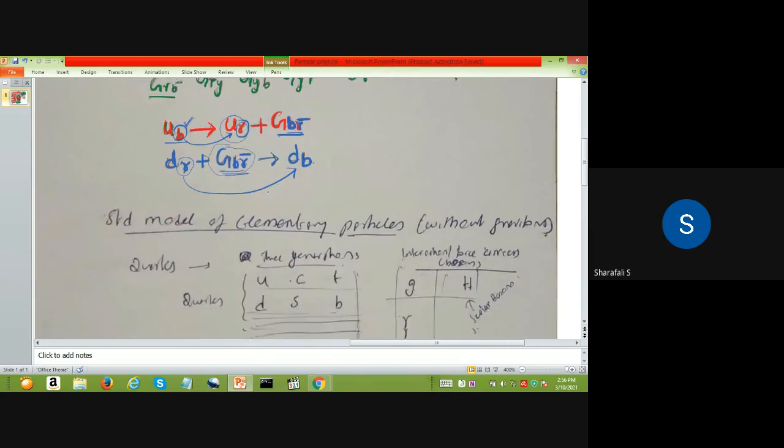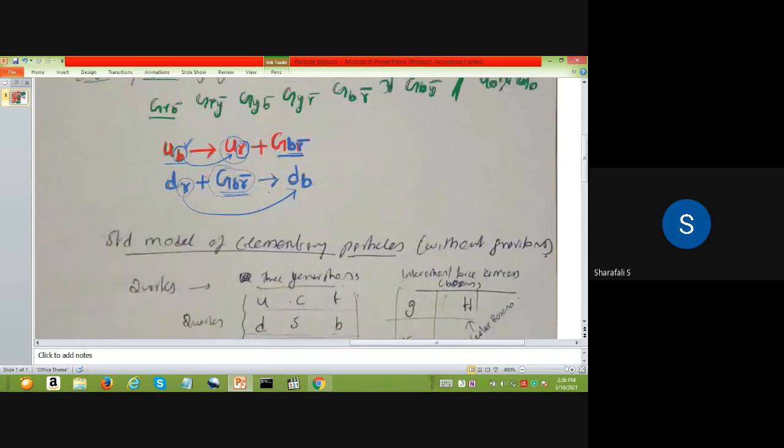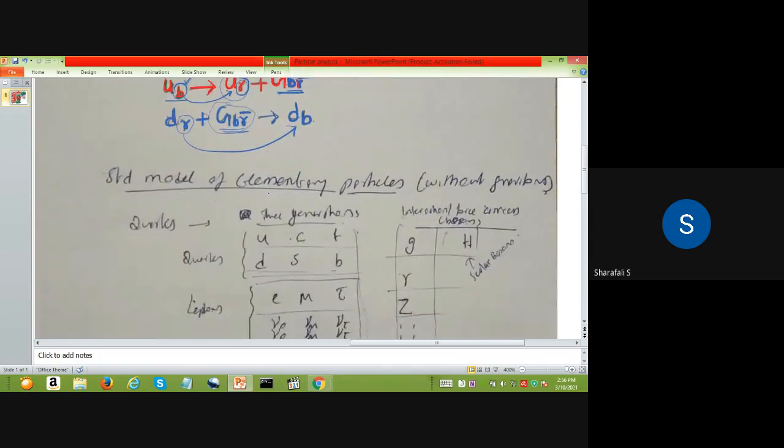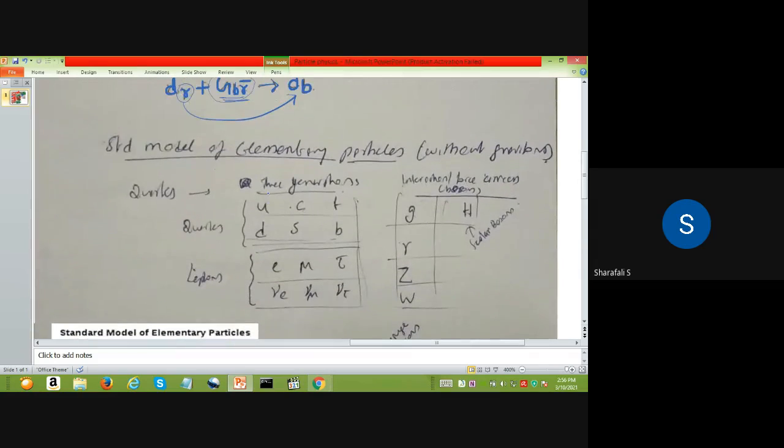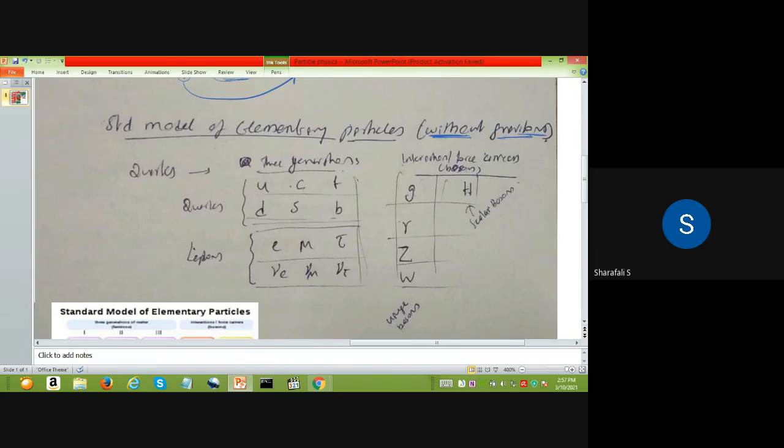Now, finally, we have the standard model of the elementary particles. We are not considering the gravitons here because gravitons are not yet discovered. So in the standard model of elementary particles, the first one is quarks.